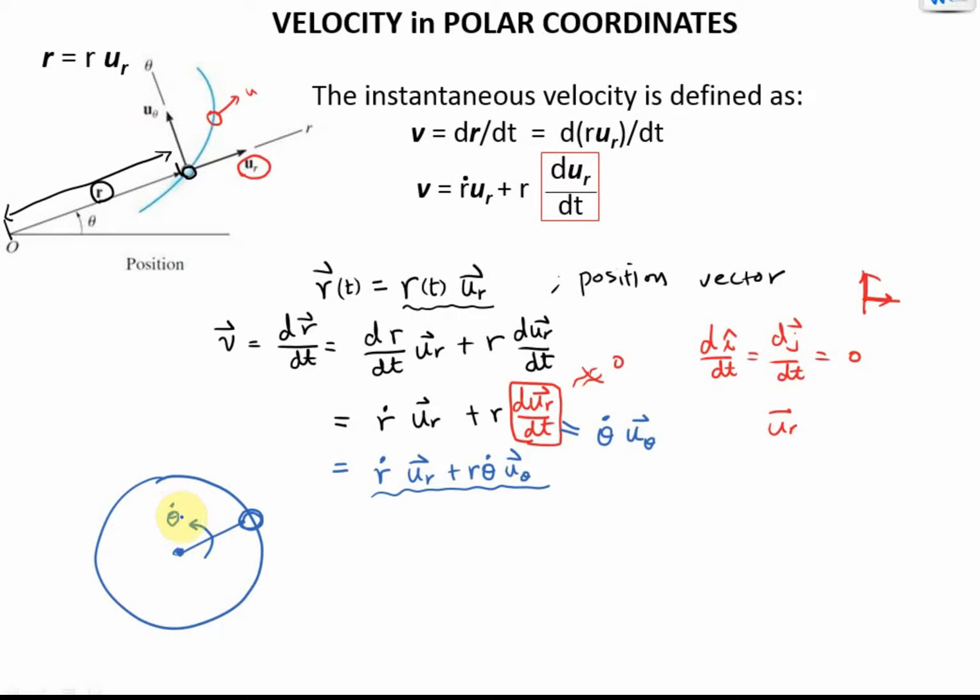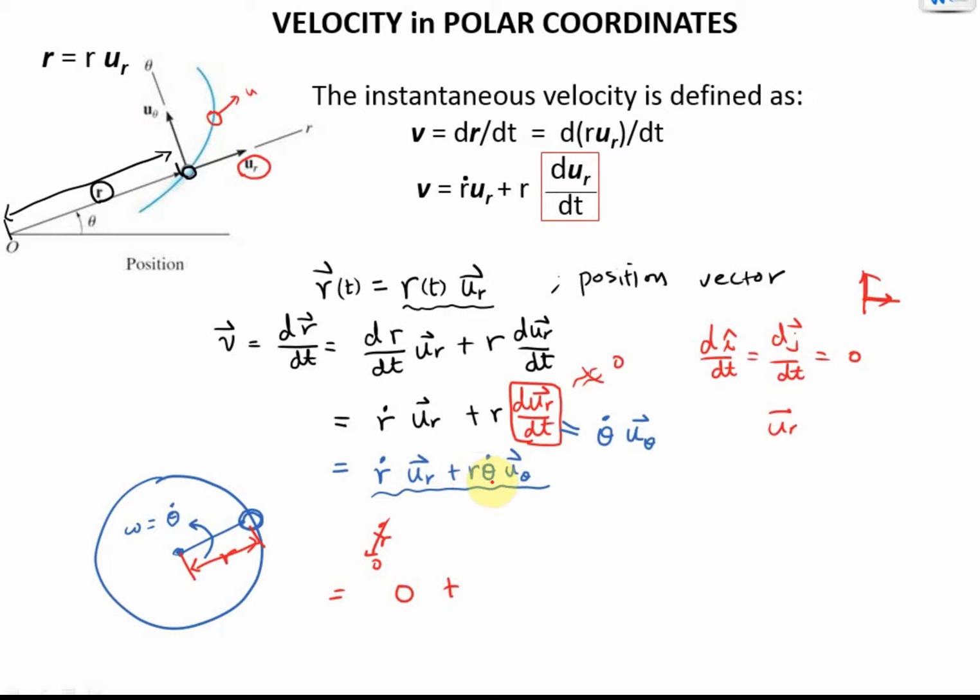Okay, so this is omega. In this example it is a circular motion, so the length r does not change. That means this r dot will be 0. So that's why the first term is 0.